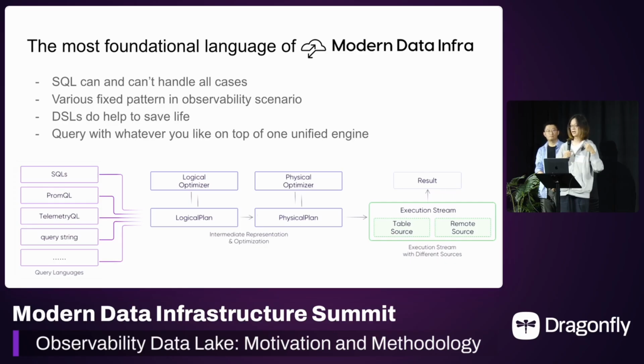Because, as the architecture shows, when they come to the logical plan, there is no difference. They are not distinguishable. So by doing this, we hope to provide a unified interface that can handle almost, maybe not now, but we keep the possibility to handle all observability scenarios in one system.